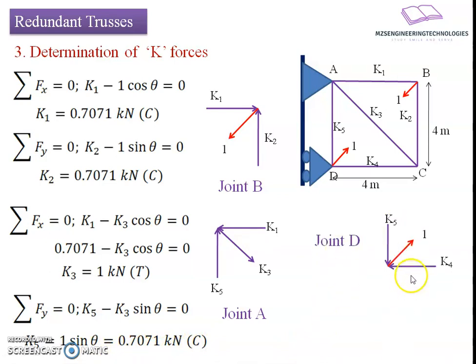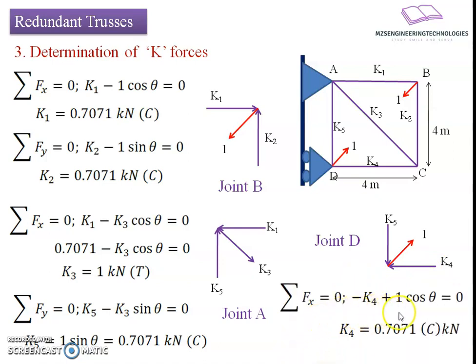Next we'll go to joint D, where we'll have three forces: one unit load applied, K4 the horizontal force, and K5 the member AD force. We know K5 here, we know the unit load applied here, and the unknown force is only K4. That's why I will write the equilibrium equation along the horizontal direction only, resulting in the relation minus K4 plus 1 cos theta equals 0.